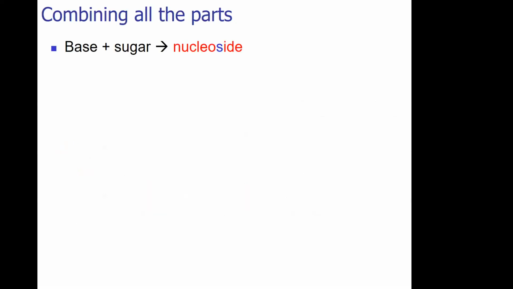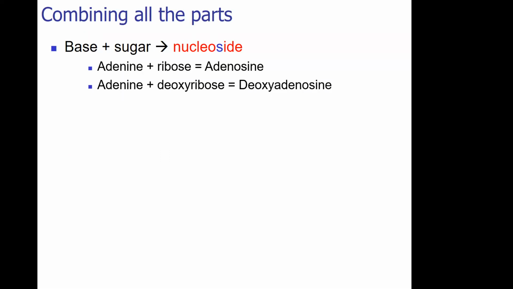All right, so you hook all those together. You take a base and the sugar. Chemically, they're synthesized with the base being added to the sugar first. So in our cells, the base and the sugar together create something called the nucleoside.